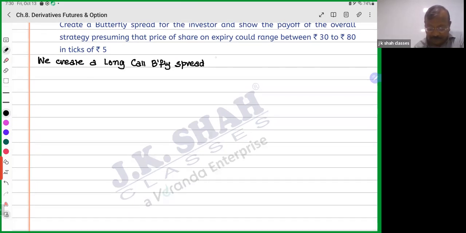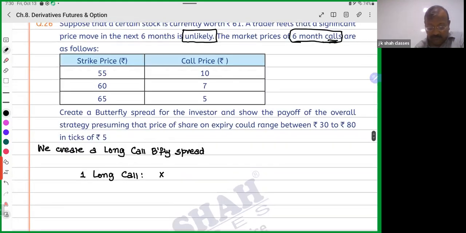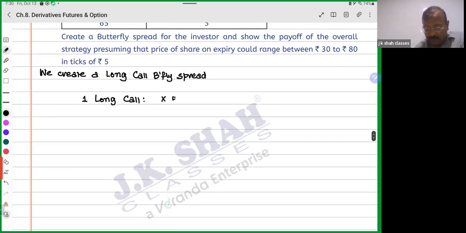That means one long call with a strike price of 55, one long call with a strike price of 65, right? And to neutralize this, two short calls with a strike price of 60.